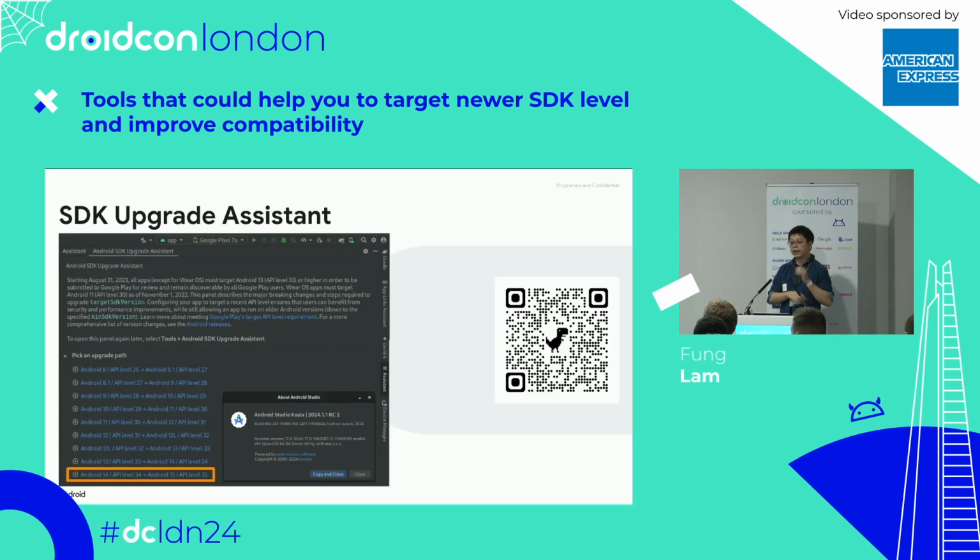In Android Studio, we have a tool called the SDK Upgrade Assistant. In the tools menu, you can click SDK Upgrade Assistant. In different Android Studio versions, we support different versions of Android; currently it is Android Studio Ladybug, and it supports the SDK Upgrade Assistant for Android 14 to Android 15.